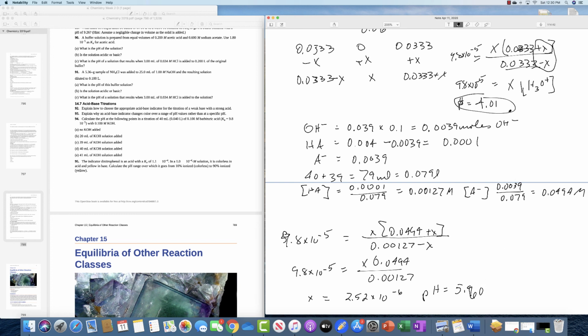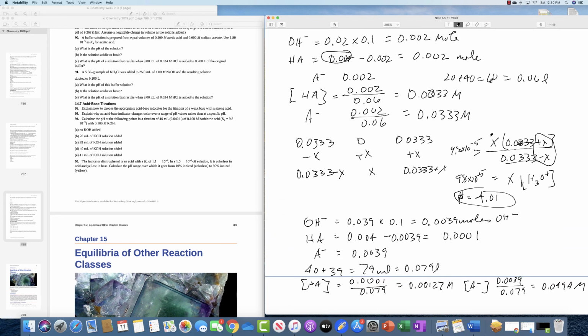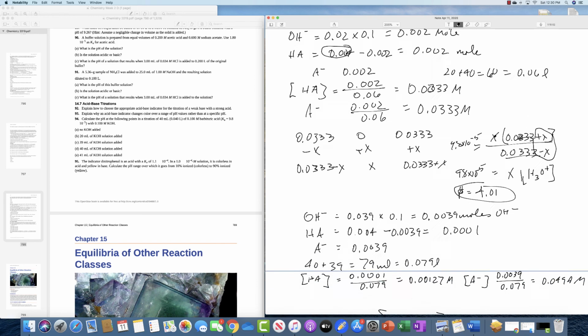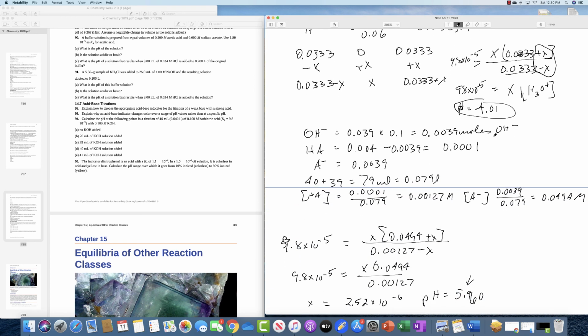So you've gone from 2.5 up here to 4.01 to here to 5.6 here. And I'll let you do the rest. You'll notice, with the first addition of 20 milliliters, you went from 2.5 to 4, so you went up 1.5.